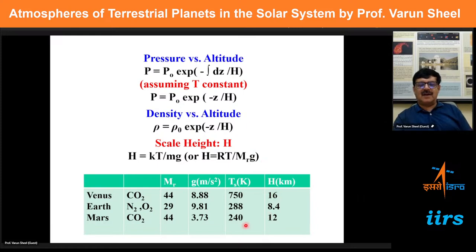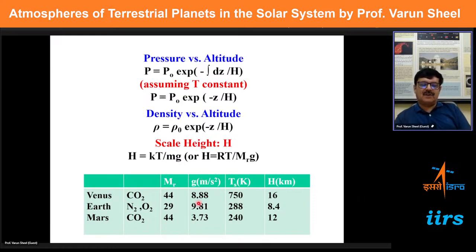In the lower atmosphere, these are the typical values of the scale height. You'll see here that it is quite different for Venus and Earth, but Venus and Mars are a bit similar because they have CO2 dominated atmospheres. And these are the typical temperatures in the lower atmosphere which you would take into account to estimate the scale height.